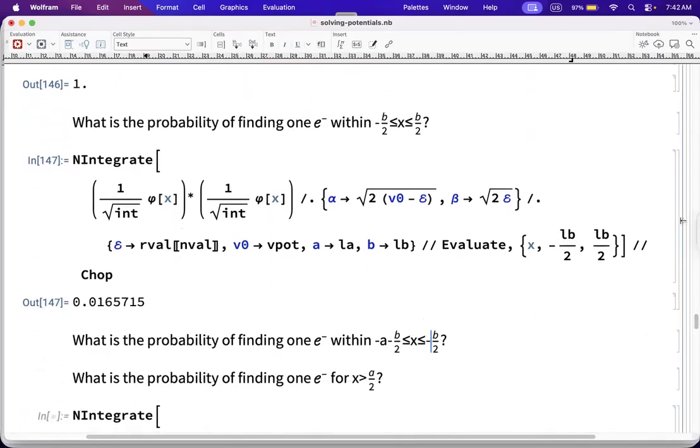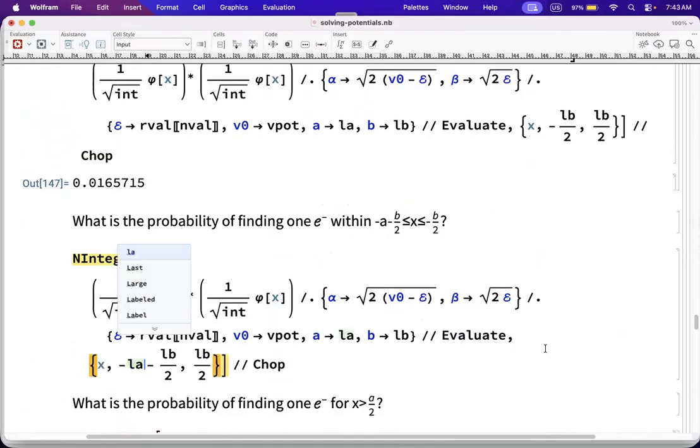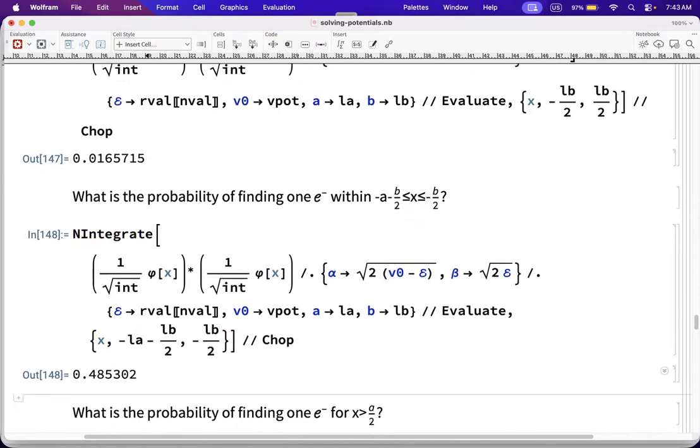So I copy this, very simple, paste it here, and you just put X from minus LA minus LB to minus LB over 2. You see? Is this 0.48? It's not 0.5, as you can see. So the probability of finding the electron in this region is not 0.5, it's 0.48, right?